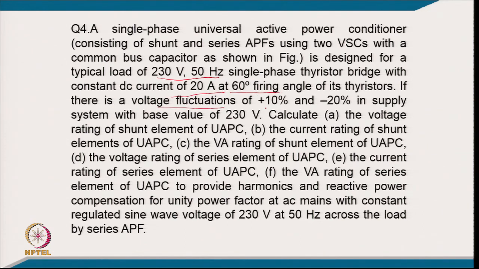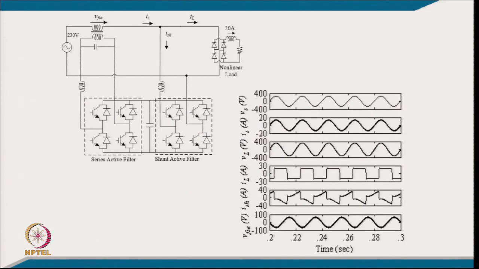If there is a voltage fluctuation of 10% plus and 20% minus in supply voltage with the base value of 230 volt, calculate the voltage rating of the shunt element, current rating of shunt element, VA rating of the shunt element, series voltage rating of series element, current rating of series element, and the VA rating of series element, to provide the harmonic and reactive power compensation for unity power factor at AC mains and a constant regulated sine wave voltage of 230 volt 50 hertz across the load by the series active filter.